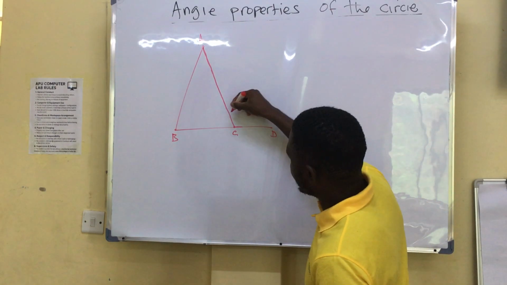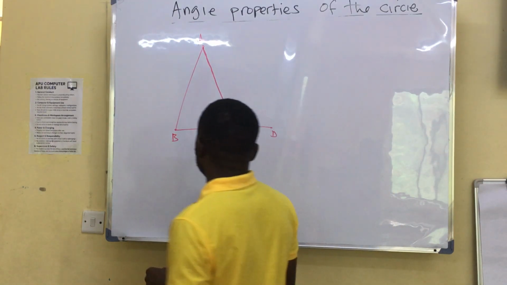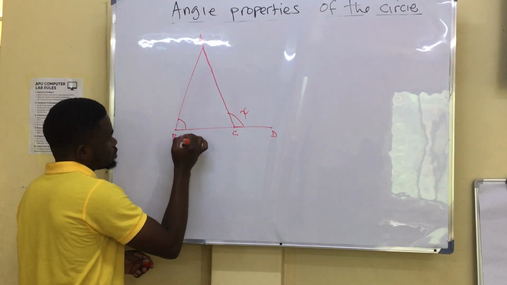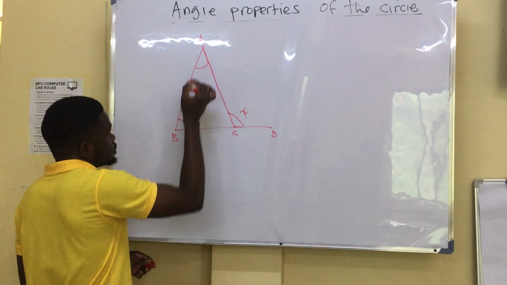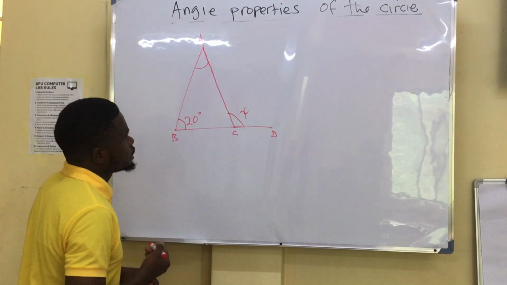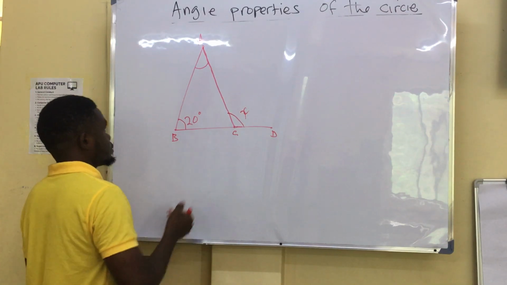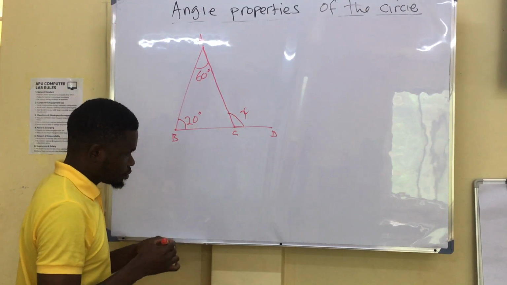So let's label this X, and let's label this one 20 degrees. This one, let's label it 60 degrees, right?